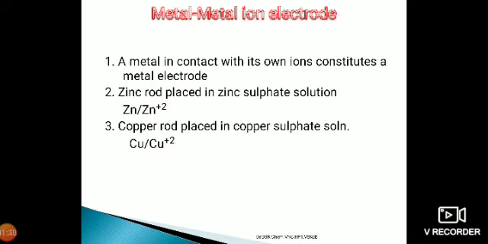Very reactive metals like sodium and potassium, belonging to the alkali metal group, react directly with water itself and cannot be used for such an electrode. So metal ion electrodes can be constructed with metals of intermediate activity, when in contact with their own ions.